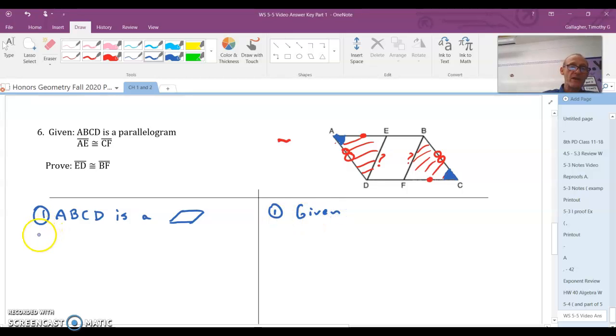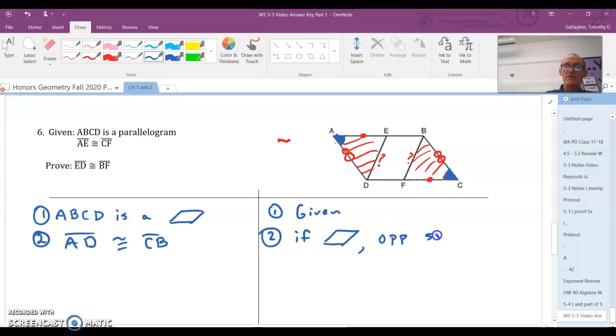All right, let's go ahead and say that AD is congruent to CB. Okay, and that is if it's a parallelogram, opposite sides congruent.